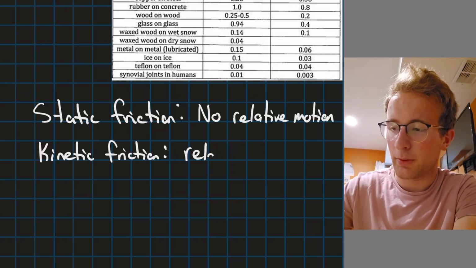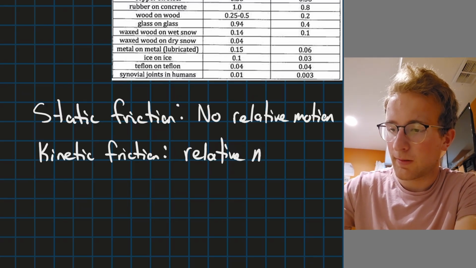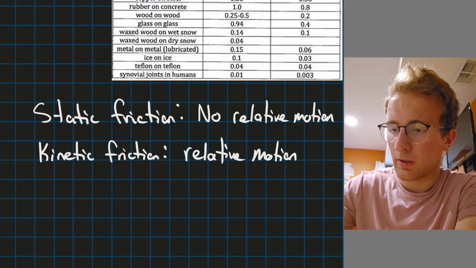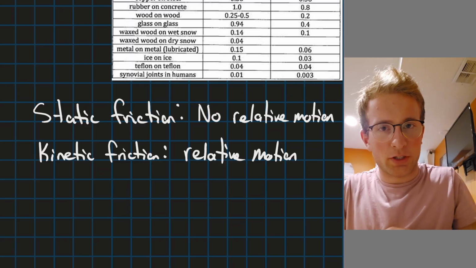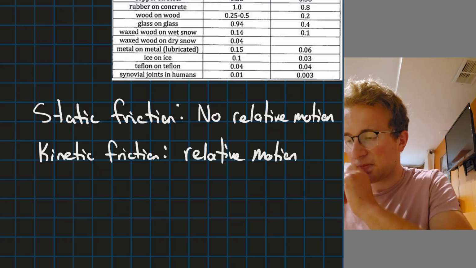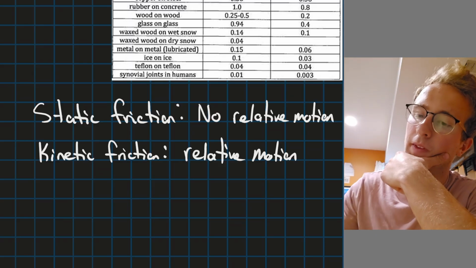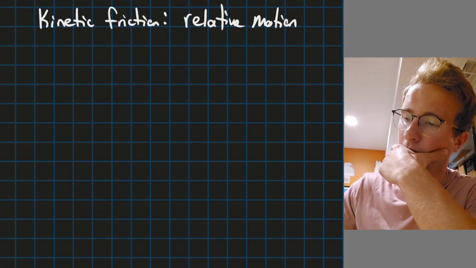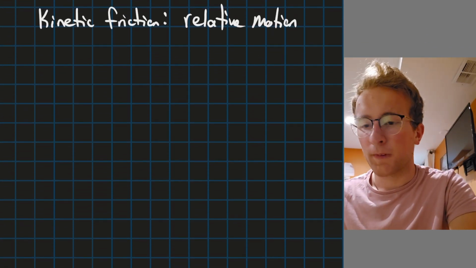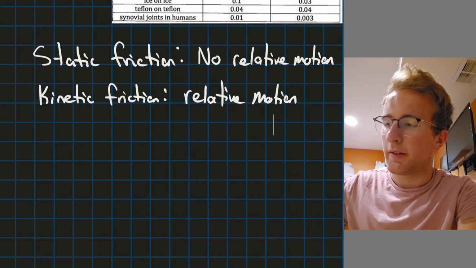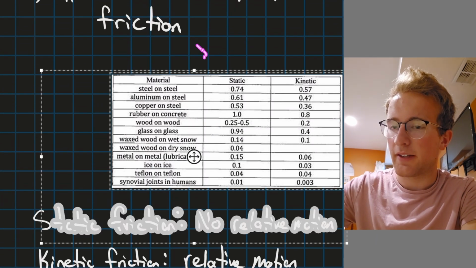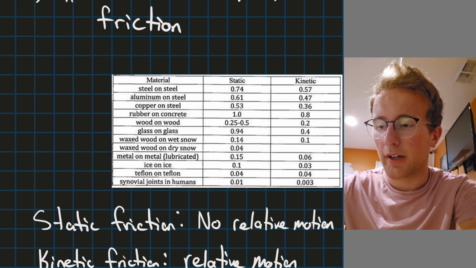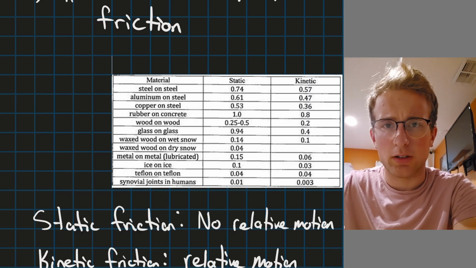There is relative motion between the two objects that are exerting friction on each other. Now, you'll notice up here that the static coefficient is always higher than the kinetic coefficient.